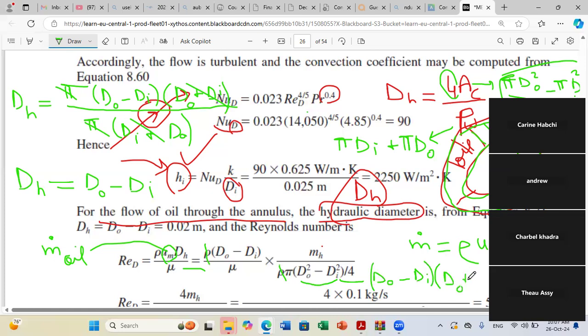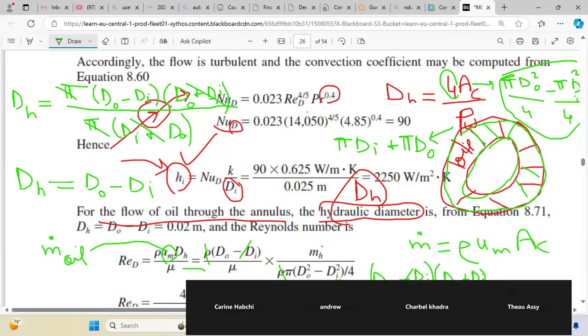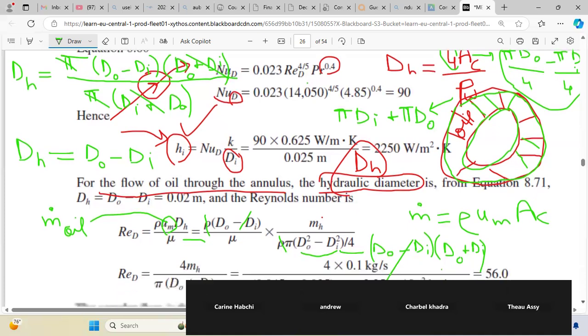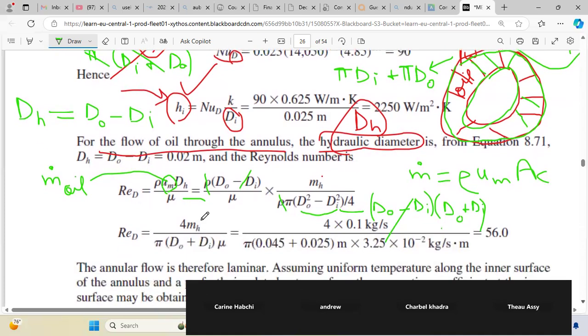So you can simplify d out minus dn from both sides. And you end up with the following expression for Reynolds number. So the Reynolds number for an annulus can be calculated from 4 m dot over pi times d out plus dn times mu. So if you replace, you get the value of your Reynolds number.